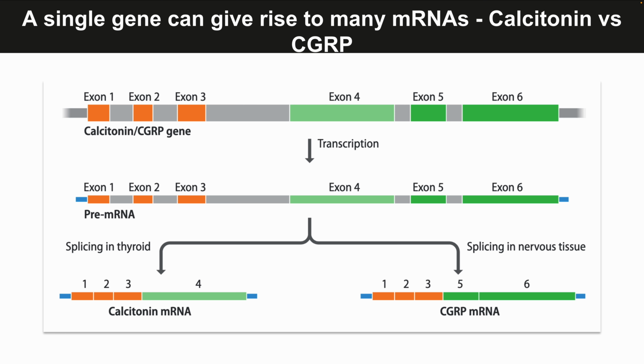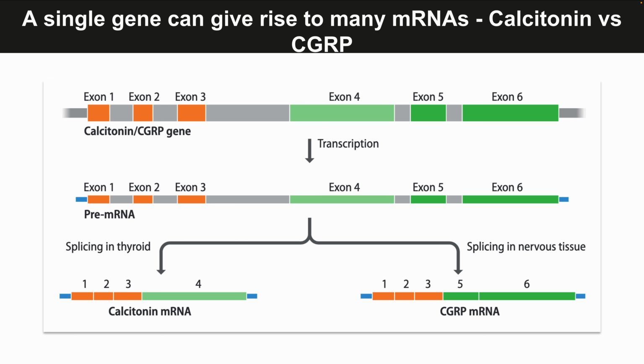What is also possible is a different sort of splicing. Even though there are 6 exons in this particular case, when I synthesize the pre-mRNA, this is your DNA, a gene called calcitonin or CGRP.